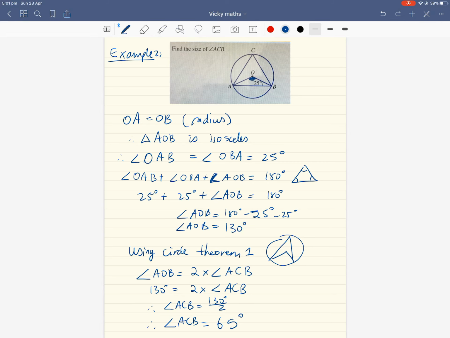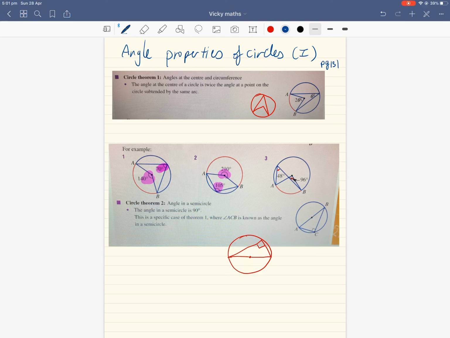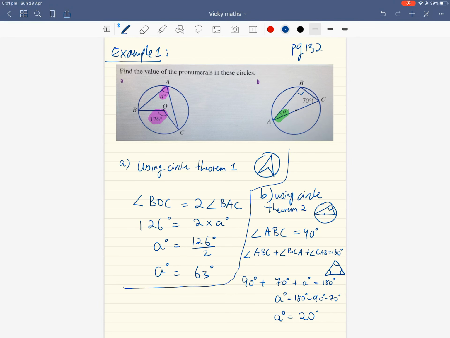And that's pretty much it for circle theorems part 1. So just learning how to apply the compass one, circle theorem 1, and circle theorem 2, which is that it's 90 degrees given a semicircle. So make sure in the setting out you explain which circle theorem you're using, or you can draw the symbol. Write down what you see or what this theorem tells you, and then you can substitute and then solve.